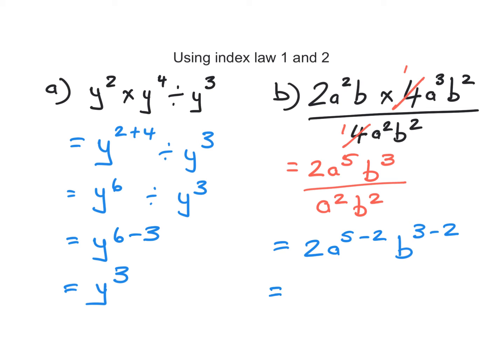So my answer therefore is going to be 2a to the power of, what's 5 take away 2, the power of 3, and b is 3 take away 2 gives me 1, so I'll just leave the b as it is, and that would be my answer.